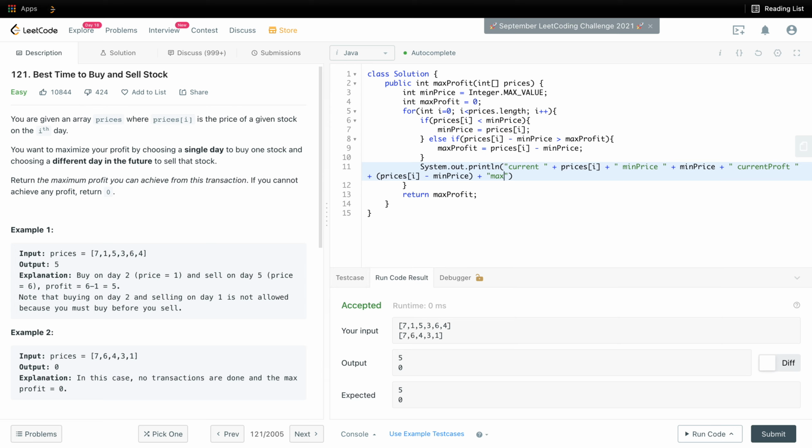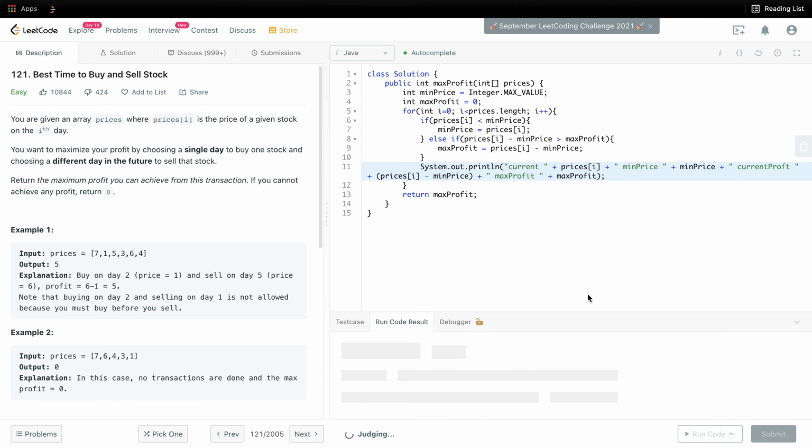And we can also print maximum profit. And let's try running it.